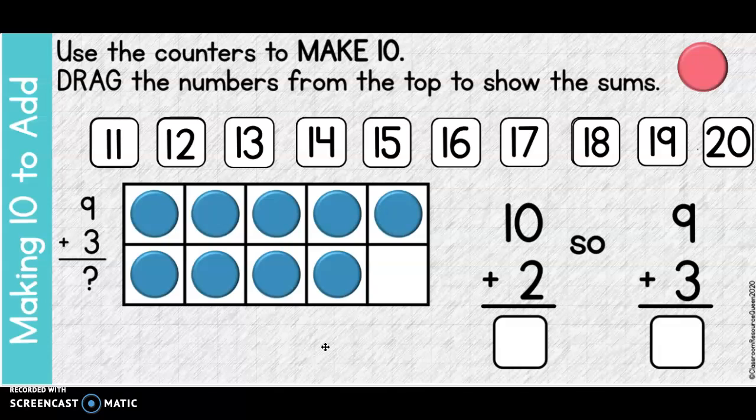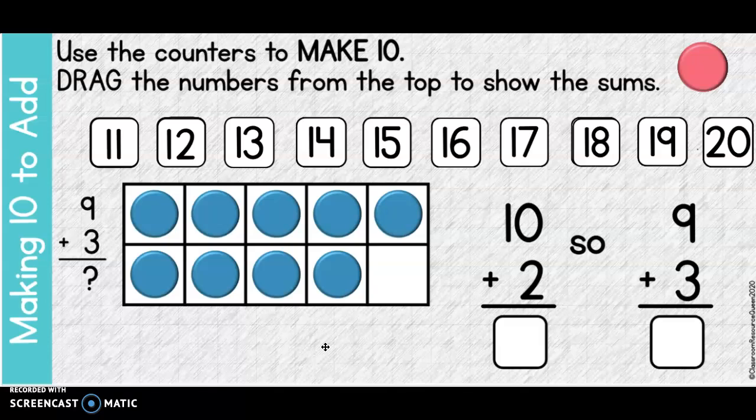Today, I'd like to talk to you guys about a strategy called making 10 to add. When do we use making 10 to add? Well, we use making 10 to add whenever the numbers are close to 10, such as 7 is close to 10, 8 is close to 10, and 9 is close to 10.